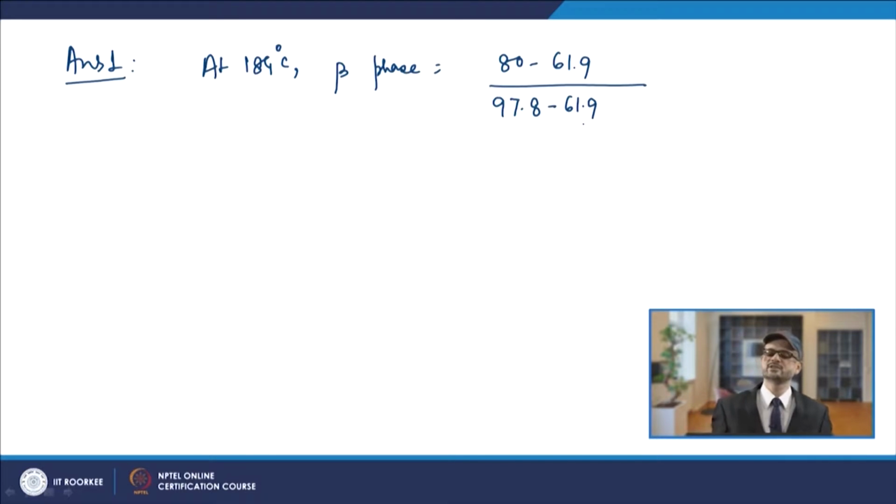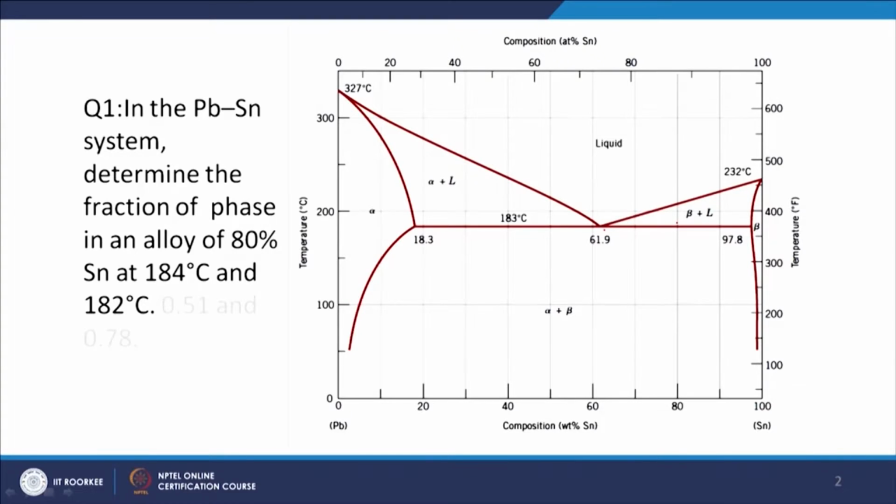We are using this lever rule, and it will be 18.1 divided by 35.9. So, it will be coming close to 51%. That is what you are seeing in this case.